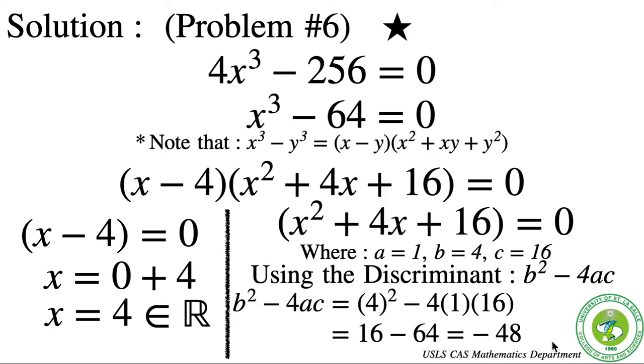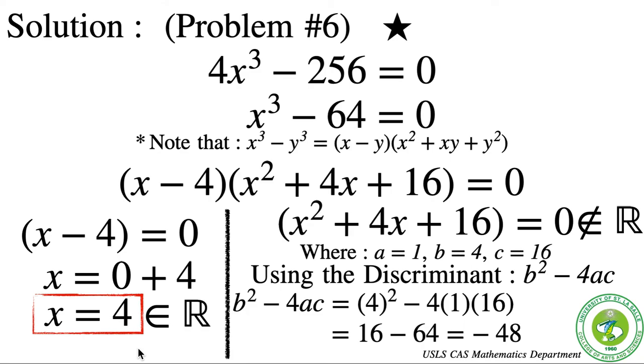If we have a negative number under a square root, that will result in an imaginary number. Again, the square root of minus 1 is equal to i. That's our imaginary number, which means that this is not a real root. Therefore, this quadratic will not give us any real roots. Hence, the only real root of this cubic equation will be 4.